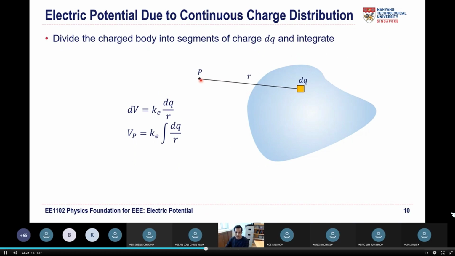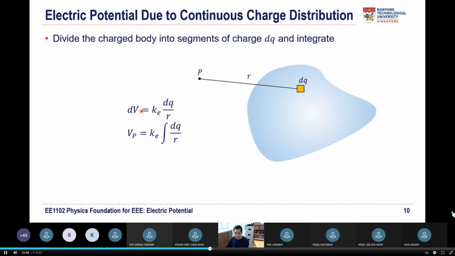Then in order to calculate the electric potential at P due to all of these charges, you need to do a volume integral of the entire thing, taking small volume fractions that have some charge dq in them, and then add all the small elements together, which translates to doing an integration over the entire volume. Then you can calculate the electric potential at P.